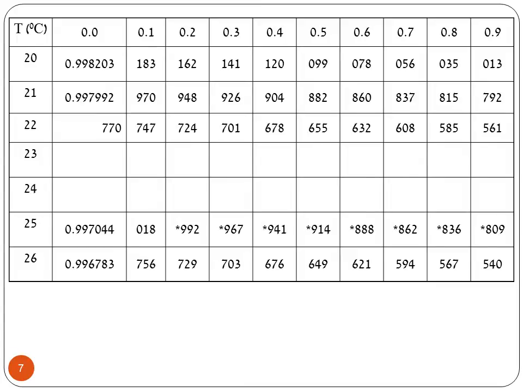Here shows a table of the densities of water at different temperatures. The unit is gram per milliliter. Let me show you how to read this table correctly. If you are looking for the density of water at 20.0 degrees Celsius, you find 20 in row number 2 and 0.0 in column number 2. At the intersection, you find the number.